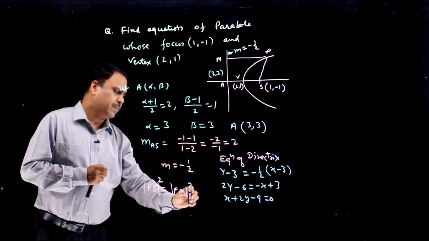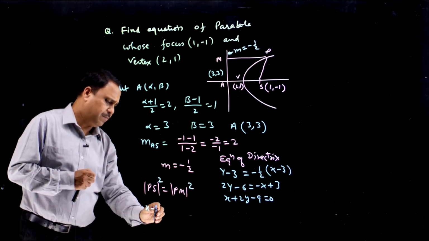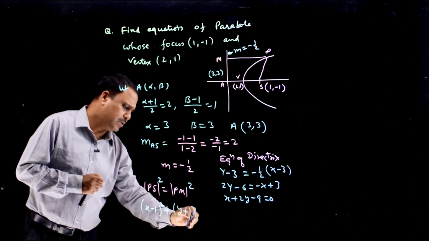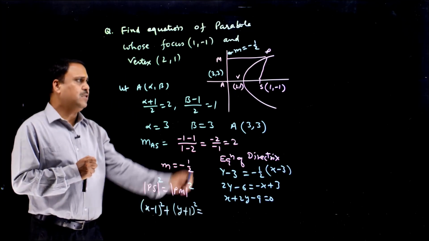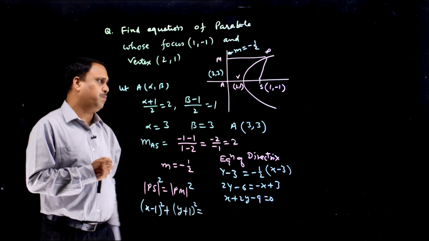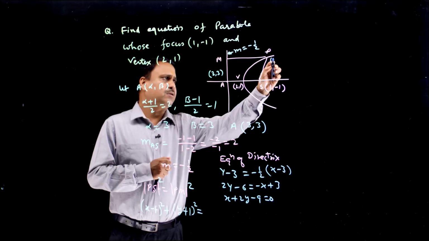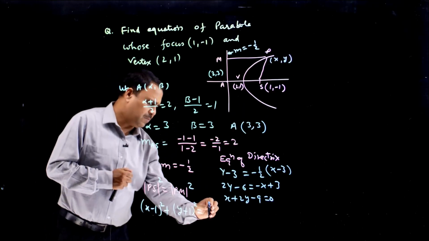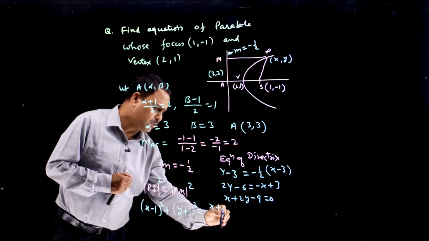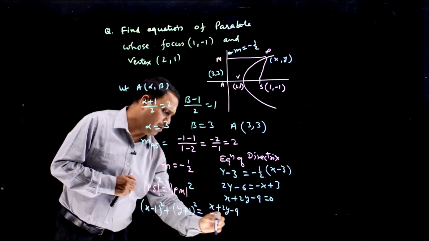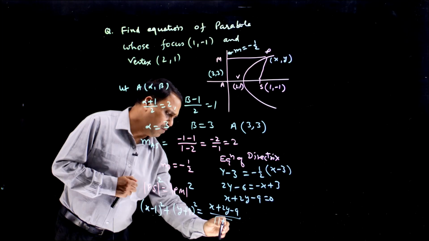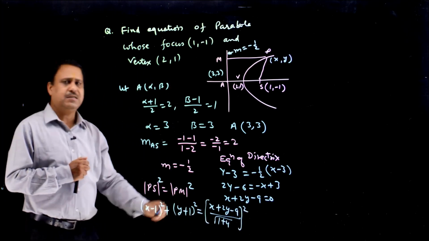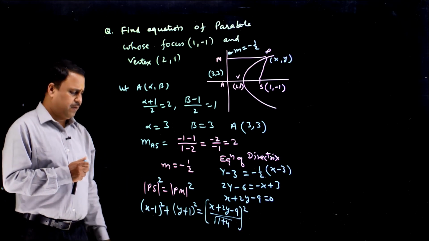Squaring both sides, we get (x minus 1) square plus (y plus 1) square equal to the square of the distance of this line from the point P, which is always a variable point (x, y). So this will be (x plus 2y minus 9) upon the square root of (1 plus 4), whole square. This we can simplify. This is the answer to this question.